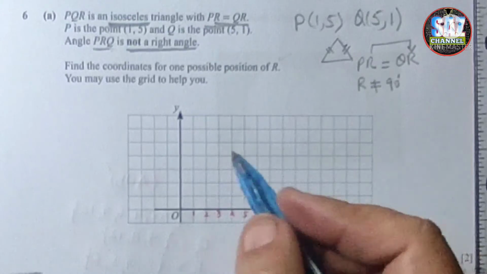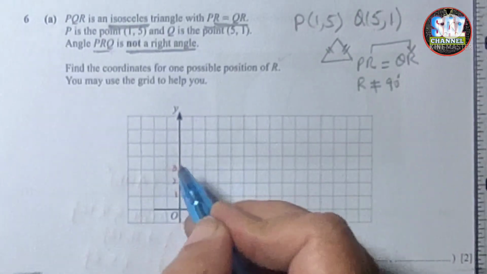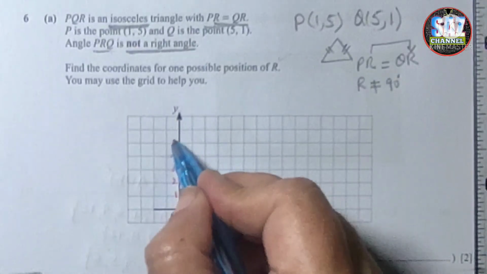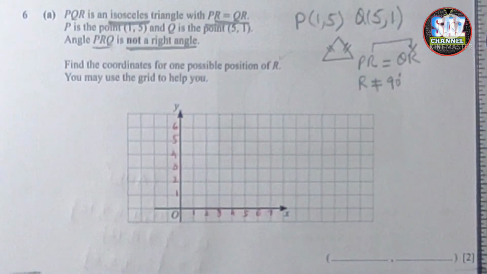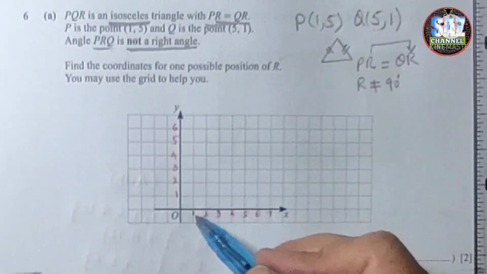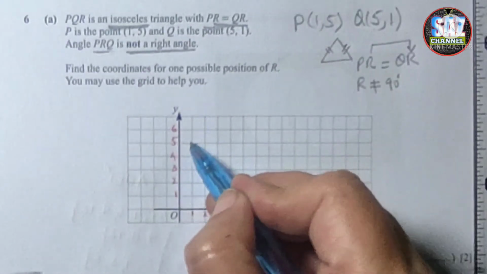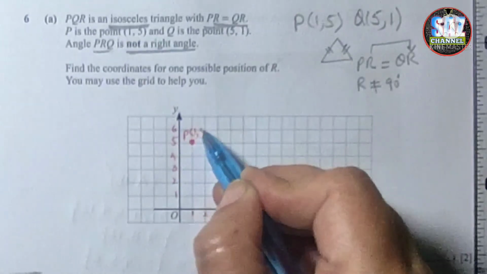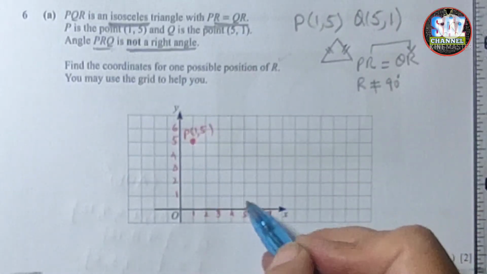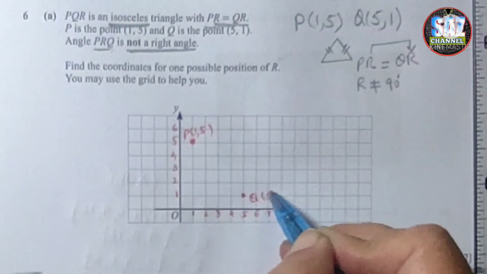Basically, I'm making this solution for my O2 students who are really young at this stage, and they have just covered the syllabus and want to reinforce their concepts through an examination paper. So I'll be going slow and showing complete working. P has the coordinates (1,5). This is the position of P, (1,5), and Q is (5,1).